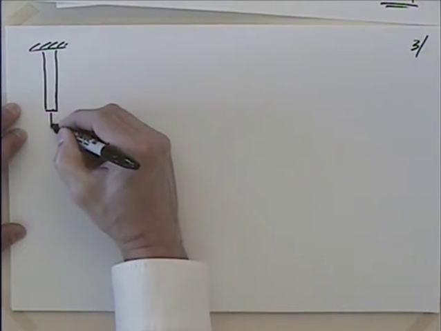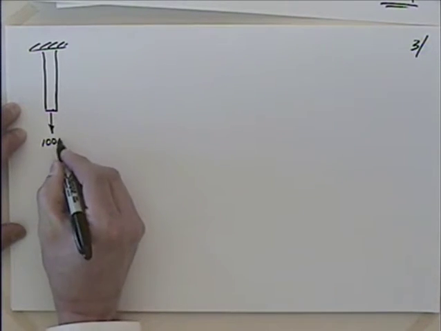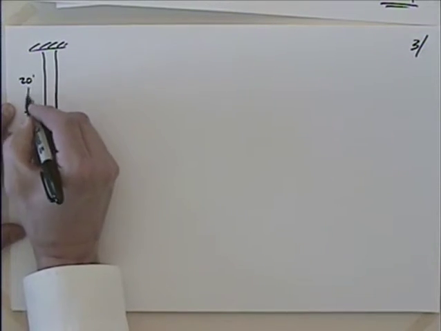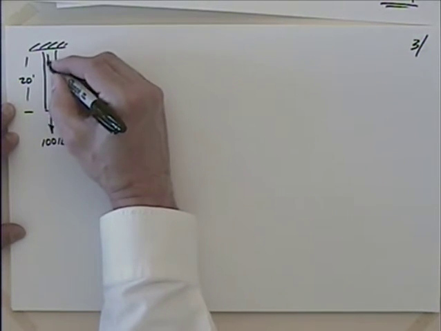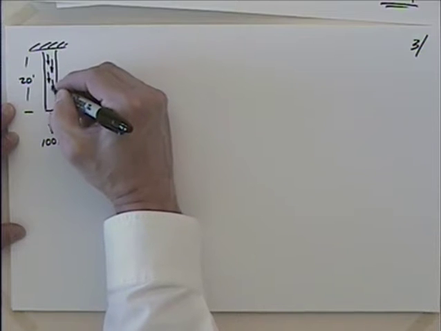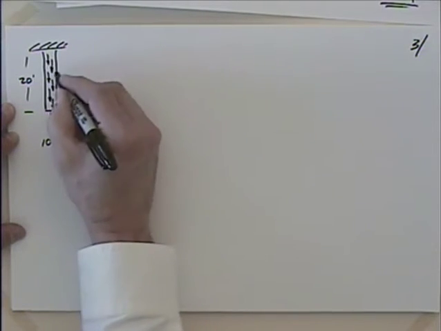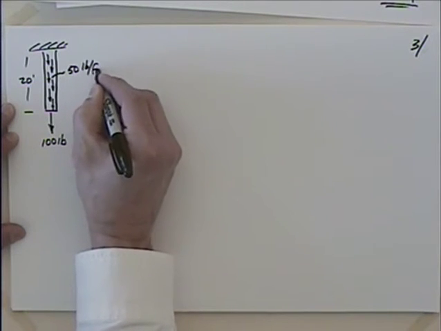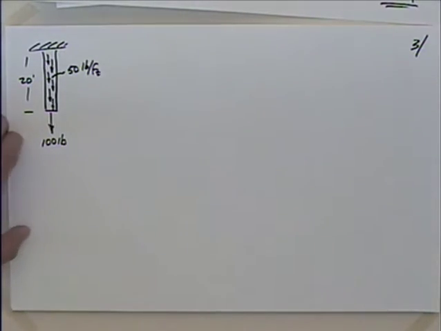We'll say we have 100 pounds acting down here. We'll say that this is 20 feet, and we'll say that there is a load on this, its own weight possibly, maybe something added to it, that is 50 pounds per foot. Okay.